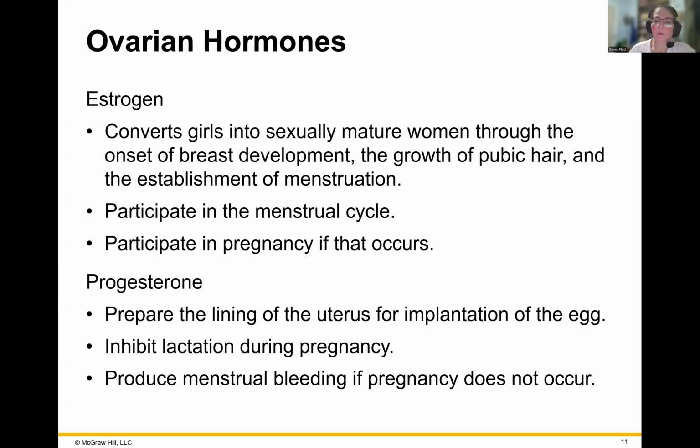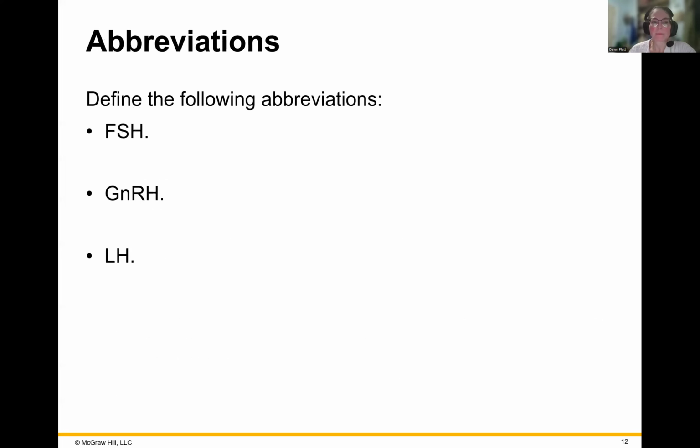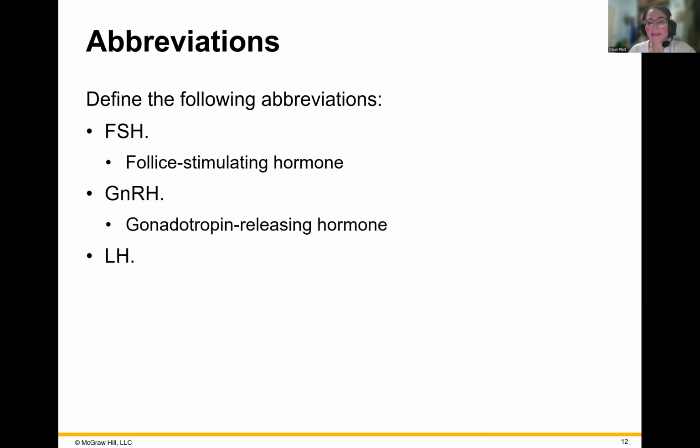And then you can see here what progesterone does. Some other abbreviations that you might come across are FSH, which is the follicle stimulating hormone, the gonadotropin releasing hormone, and luteinizing hormone.